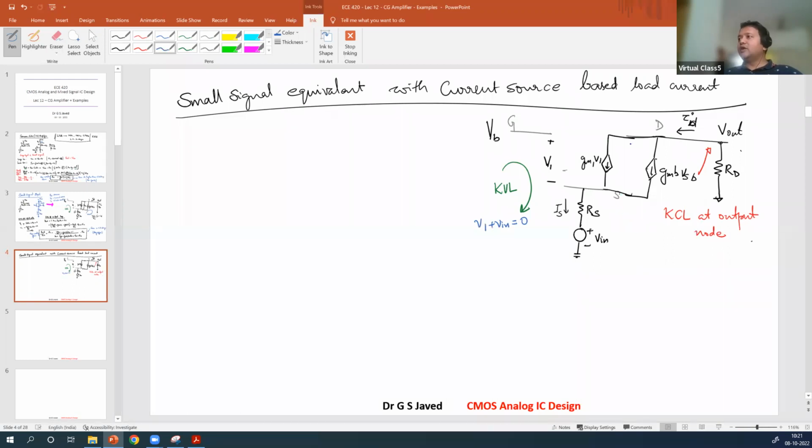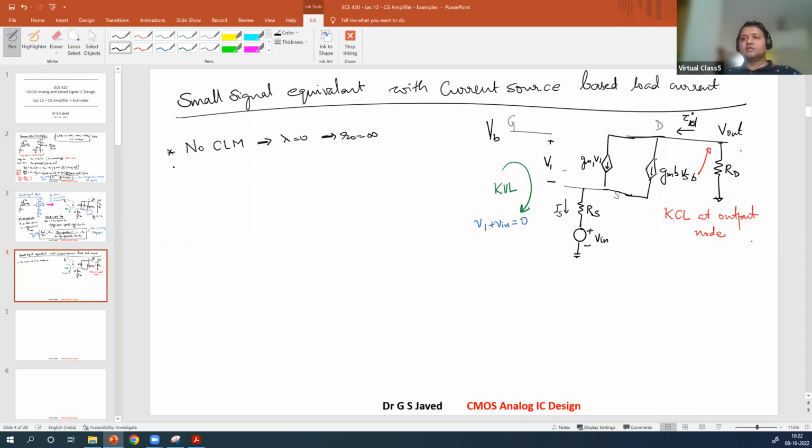One other factor which I wanted to tell was the absence of channel length modulation. No CLM. No channel length modulation. This implies lambda is 0. This implies R0 is infinity, right?